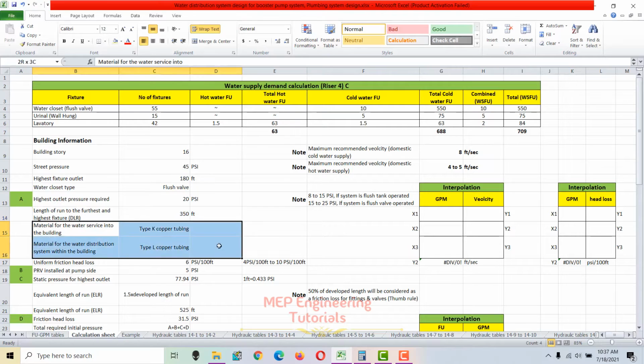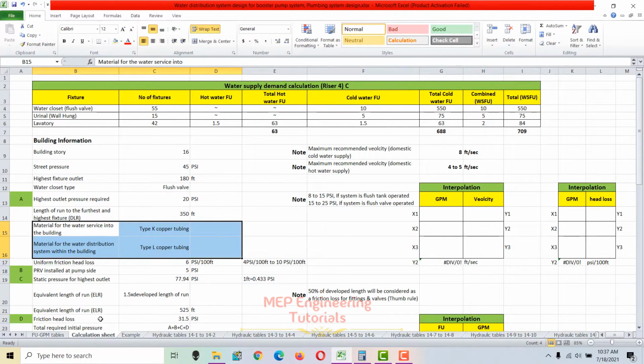Then material, this is also very important. Based on material, these hydraulic tables are prepared. You can see here from table 14-1 through 14-12. There are a total of 12 tables I have used here for sizing. So material for water service into the building is copper K tubing.